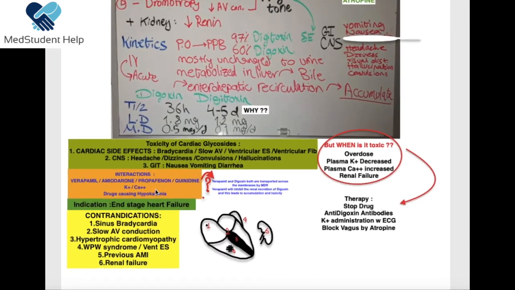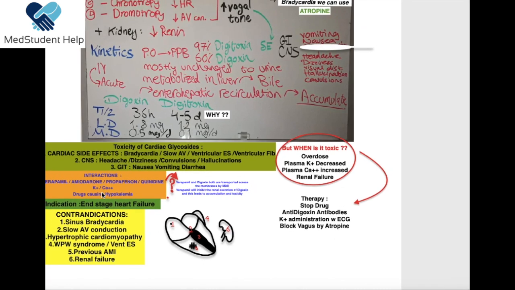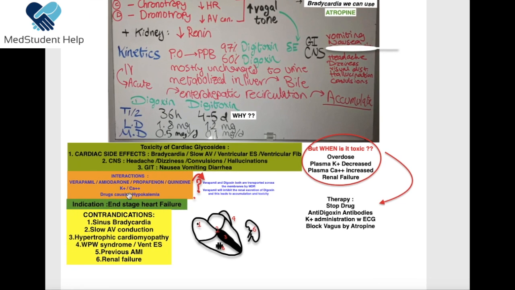Now, also, consider the patient who is taking a drug that can lead to hypokalemia. For example, if the patient was taking loop diuretics alone, they may lead to hypokalemia, and this can increase the risk of toxicity of the cardiac glycosides.